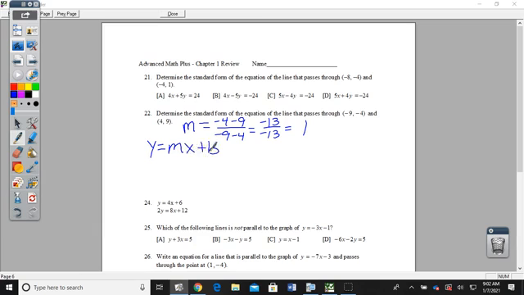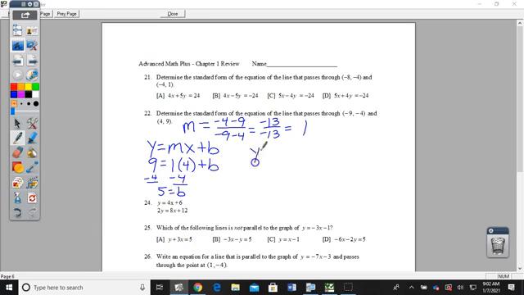I plug it into y equals mx plus b. I'm going to use the second point because they're positive. Again, it does not matter. y is 9, m is 1, x is 4, plus b. Subtract 4, b is 5.